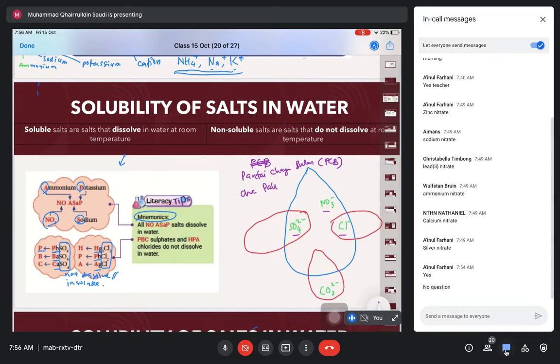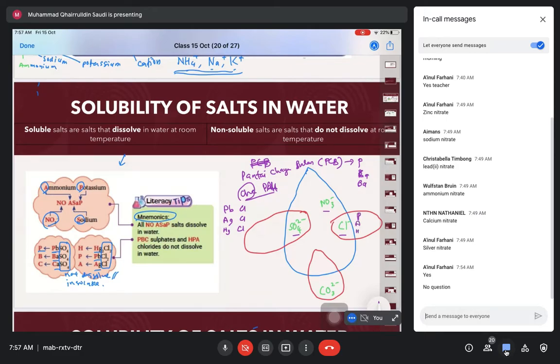Okay, so ini maksudnya P, lead, calcium, and barium. This one is lead, silver, mercury. C is chloride, chloride, chloride. So bila chloride, so letaklah kat sini C, PAH, PAH.